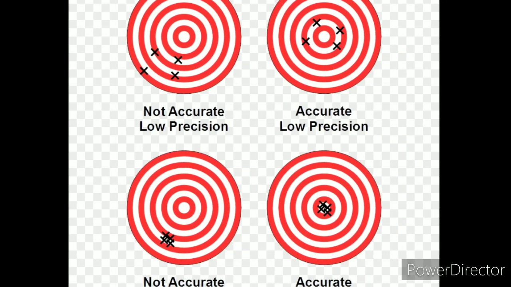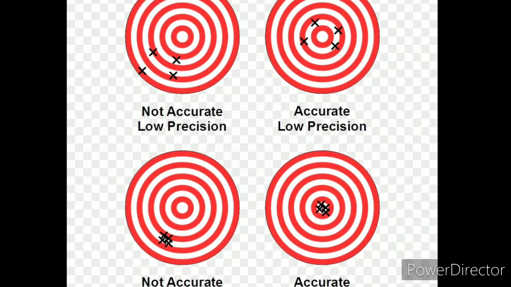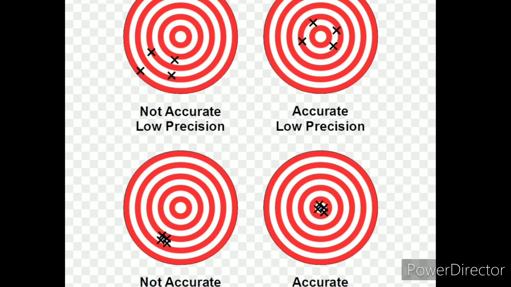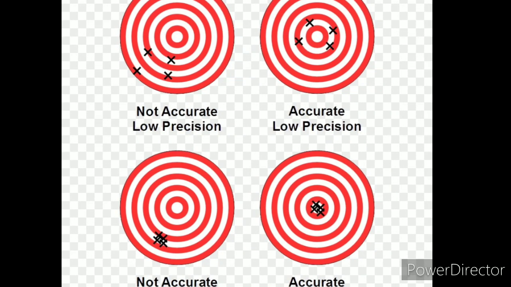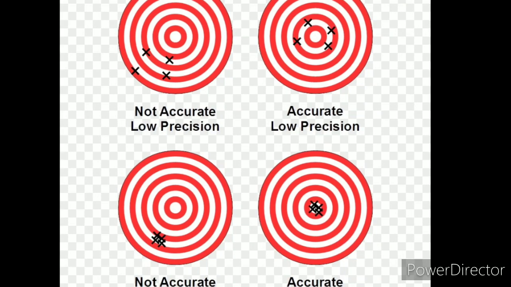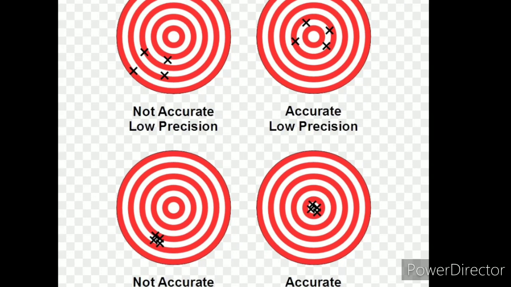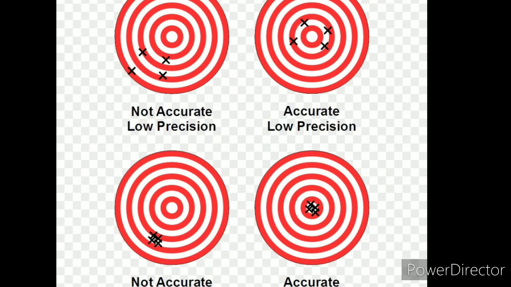Therefore the first reading has neither accuracy nor precision. In the second case, you can see the readings are very close to the true reading, but the readings are far away from each other. Therefore the reading is accurate but has low precision.